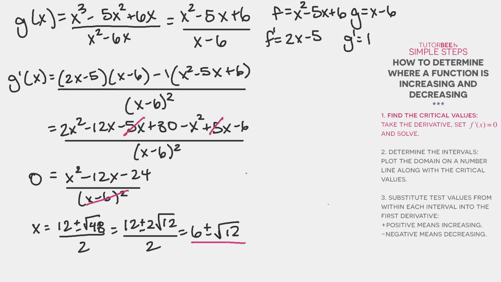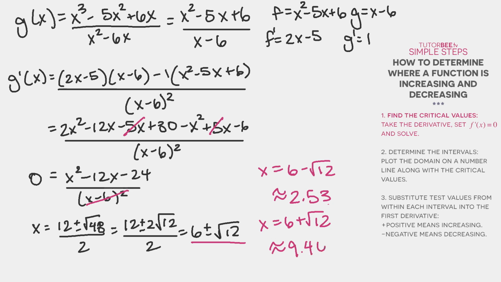So let's figure out what 6 minus root 12 is, and what 6 plus root 12 is. I type it into my calculator, and for 6 minus root 12, I get 2.53, and for 6 plus root 12, I get 9.46. And so those are our two critical values.